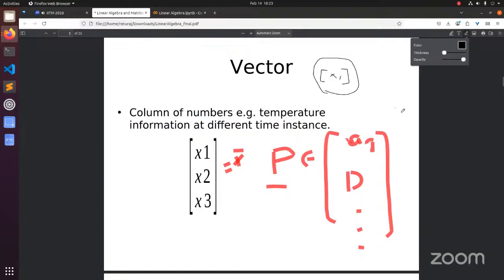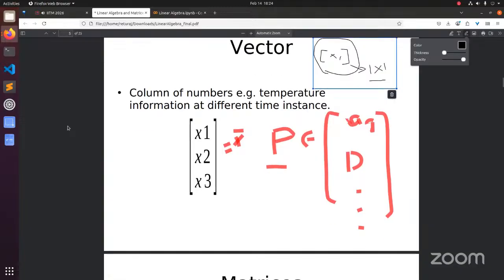Oh, this is simply 1 cross 1, right? There is only one row and one element. So it's 1 cross 1. In general, 1 cross 1 does not have such significant meaning, but you can see that matrices are a general form of writing any scalar, any vector into a matrix representation.